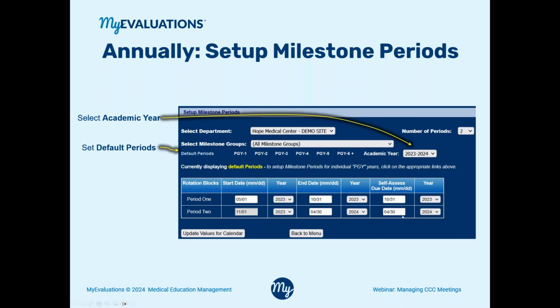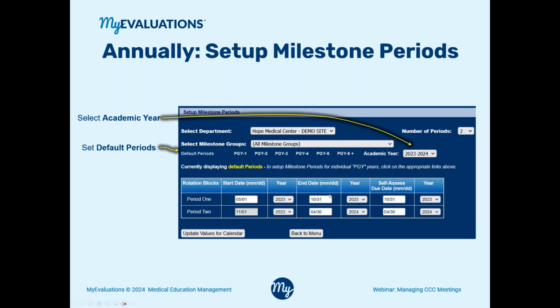Once you set up self-assessment for trainees, you will also be required to set a due date by which time the trainees are supposed to submit their self-assessments. Although you are able to set any due date you want, I recommend you set a due date that is at least up to the review period of the CCC or before that review period.